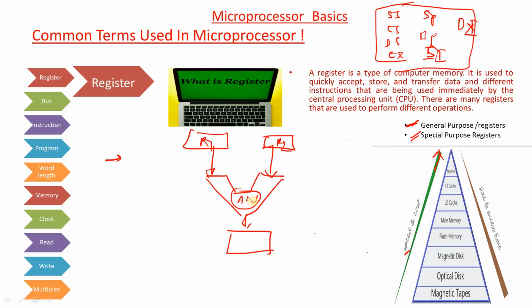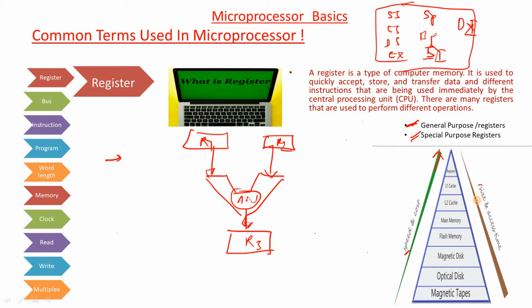The assigned operation will be performed by using ALU. R1 value is received like this, R2 value is received like this. After calculation, the generated result will be transferred again to register R3 like this. That means for calculation purpose, you need to receive the direct values from the registers. That means the data providing speed is very high compared to the remaining memories.